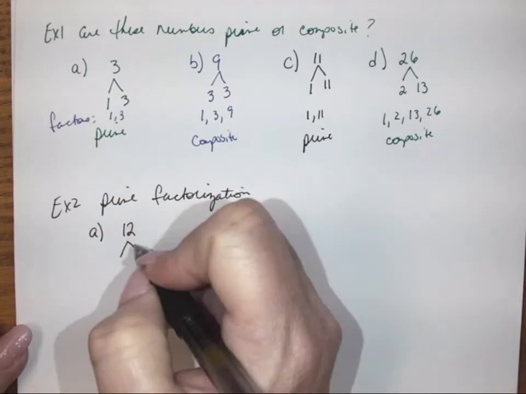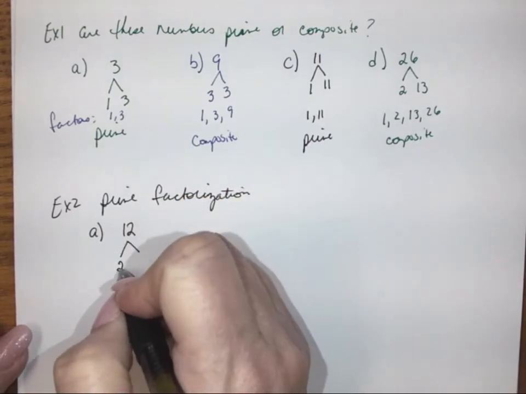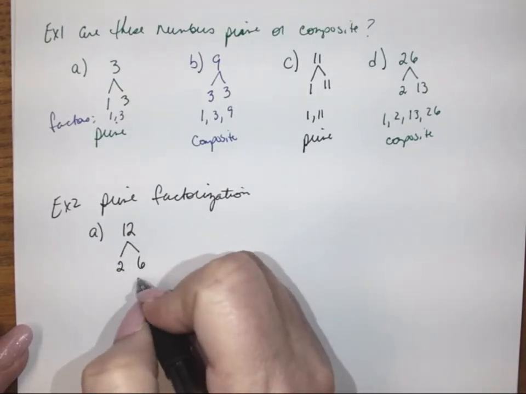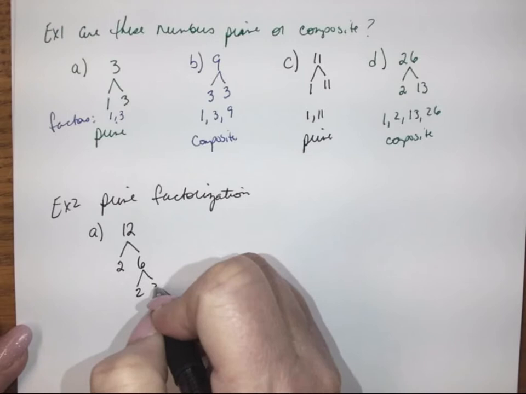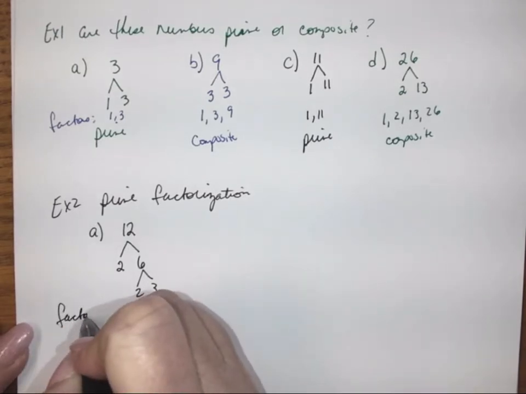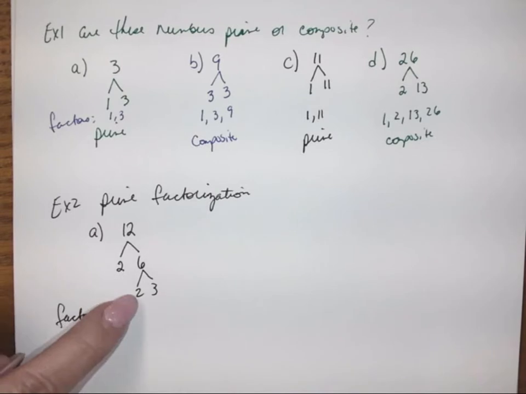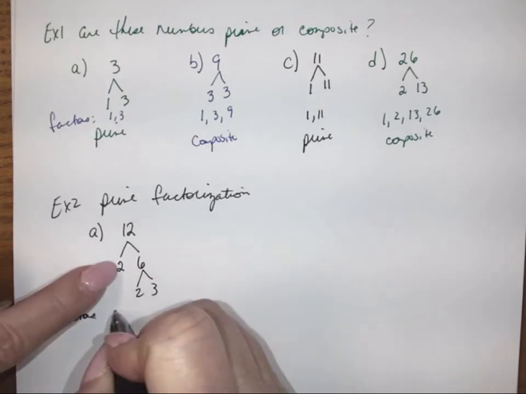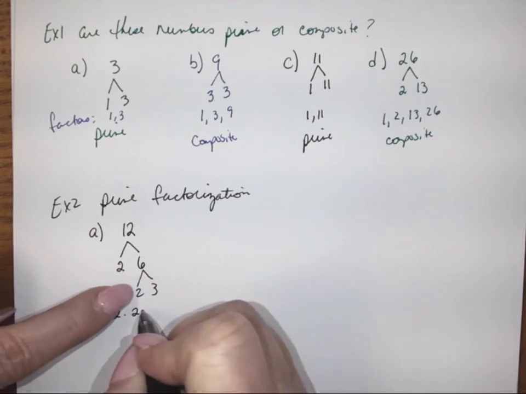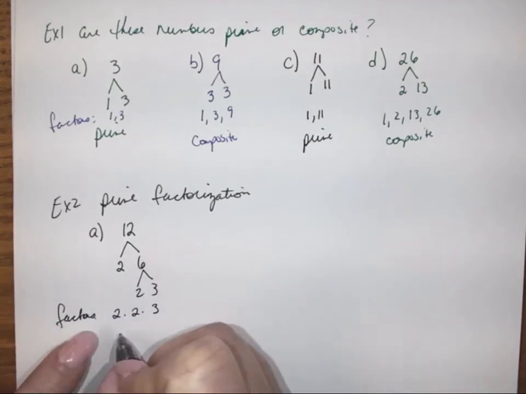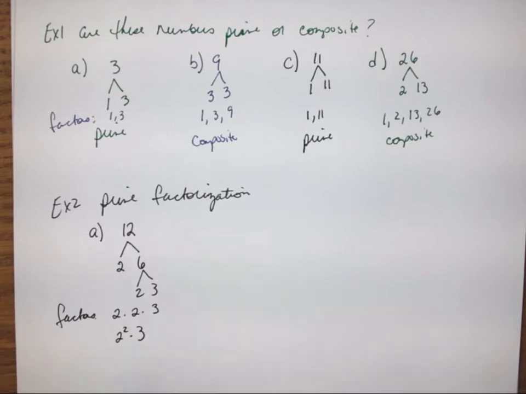I know it is even, so it divides by 2. 2 times 6 gets me 12. And now I need to break down 6. 6 would be 2 times 3. So my factors, and you have to make sure you include each of them, but not the numbers you refactored, are 2 times 2 times 3, and that tells me I have 2 2's, so 2 squared times 3.